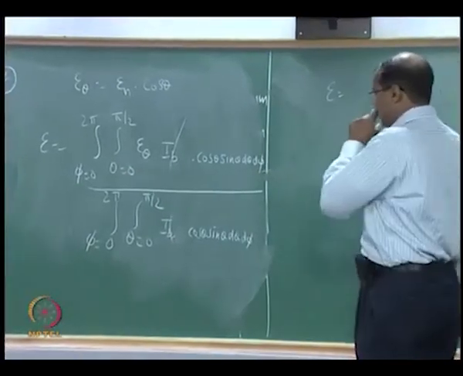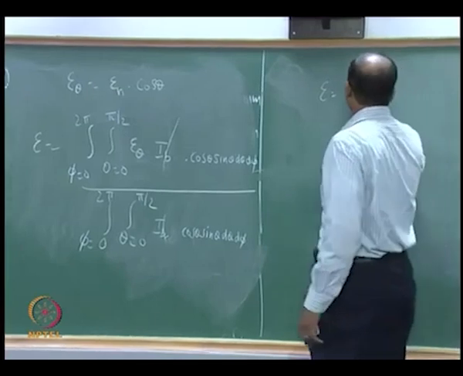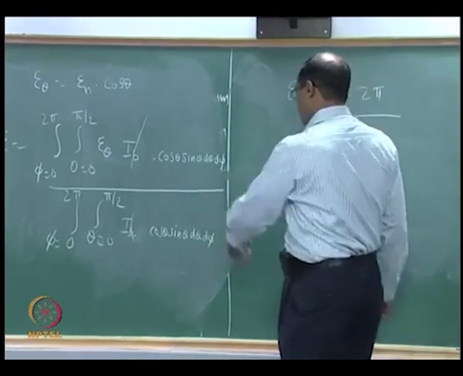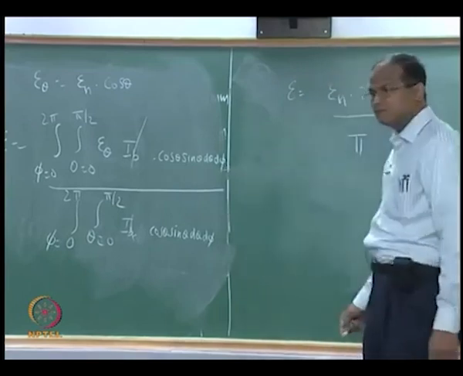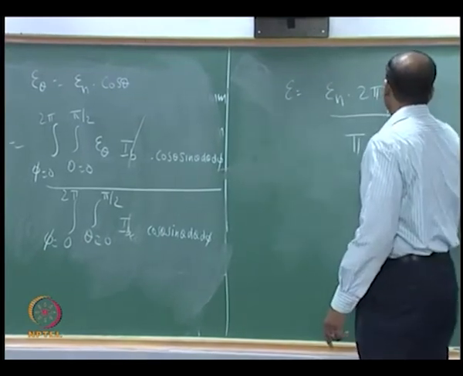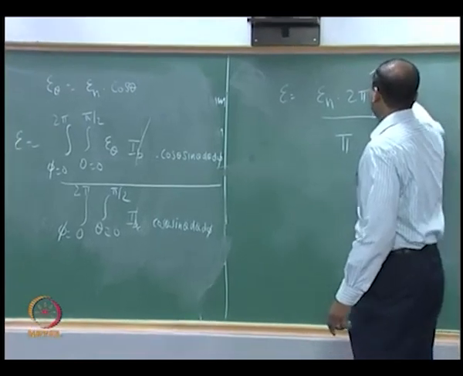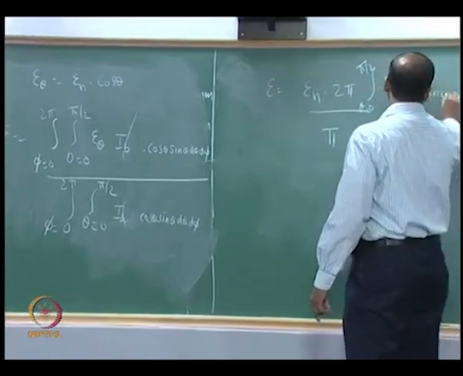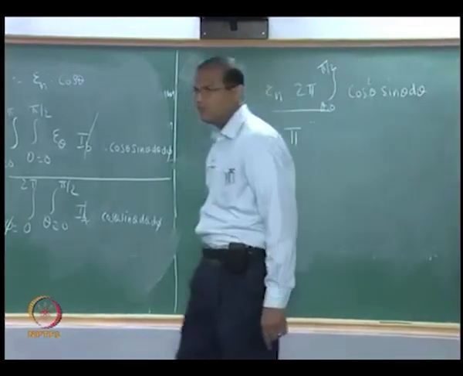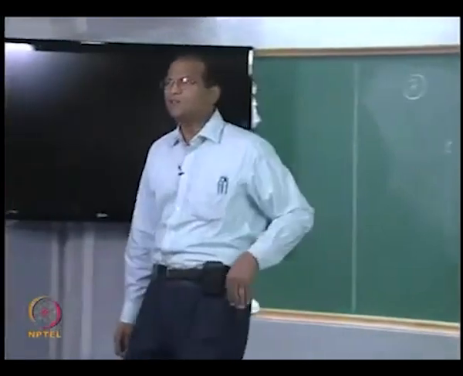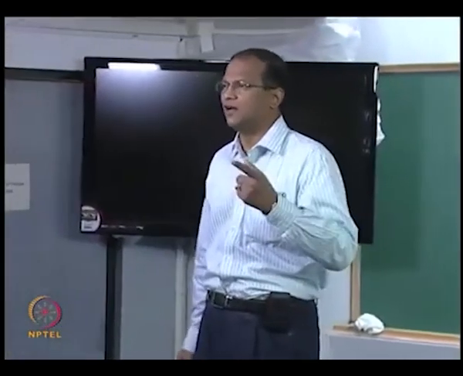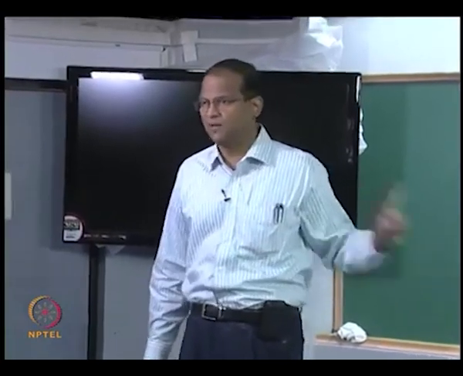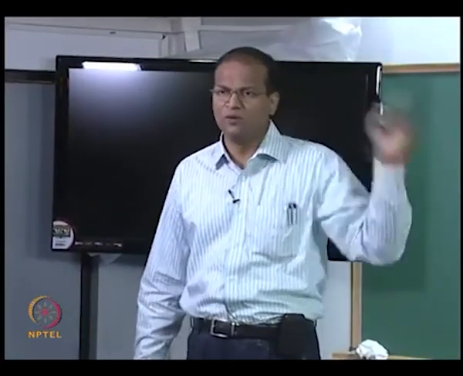Okay. What is epsilon theta? Denominator is pi. I did so many things. I did one integration with respect to azimuthal angle. I pulled out 2 pi in the numerator. Denominator, the total solid angle is pi. I kept the denominator as pi. Then for epsilon cos theta, epsilon n I pulled out of the integral.